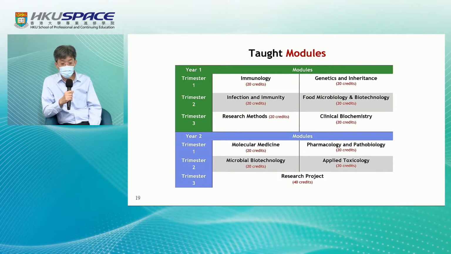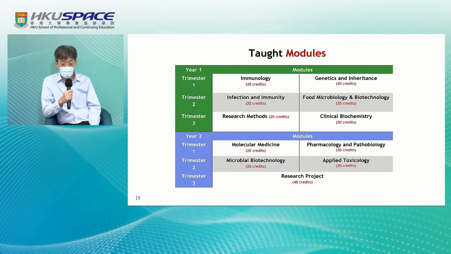For example, in trimester 1 we have immunology and genetics and inheritance, and in trimester 2 the infection and immunity, which some of you may not be quite able to tell from the name what it is. Actually, we call it related to medical microbiology, and the other module is food microbiology and biotech, and for trimester 3, research method and clinical biochemistry.